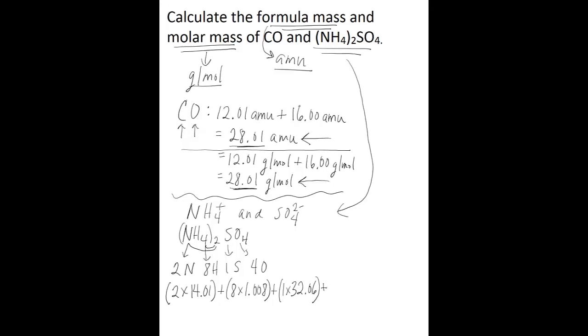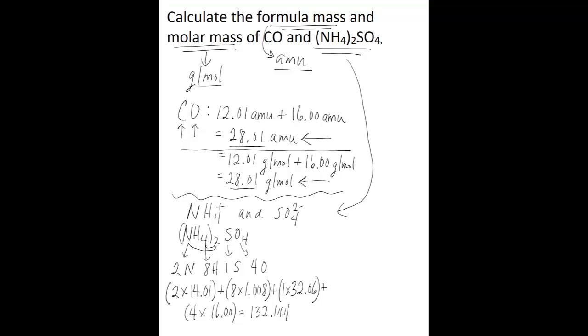And then finally you have 4 times the atomic mass for oxygen, which is going to be 16.00. So when you do the math there, you're going to get 132.144 or something like that in your calculator.